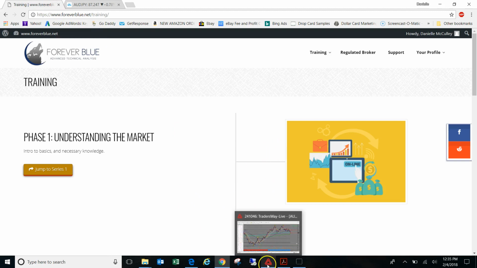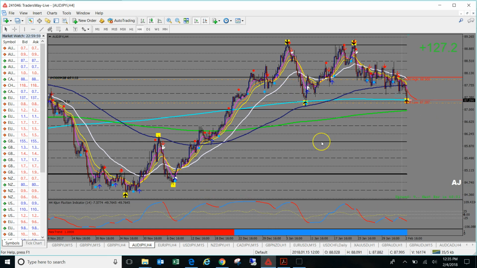But anyway, getting back to the quarters theory. So this is AJ on the 4-hour chart, and the quarters theory, you can use them on any time frame. They're better, of course, like any other thing, on the higher time frames. And there's actually an indicator that will plot these out for you.